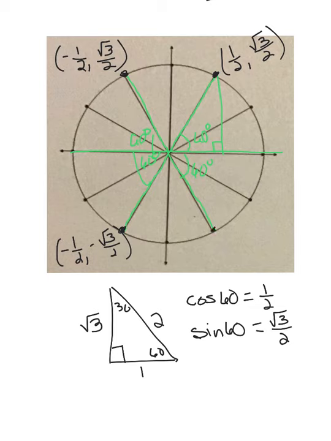And then in the fourth quadrant, the x is positive and the y is negative. What a lot of students use to help them remember which one's which is that the 30-degree angles are the lines closest to the x, and the 60-degree angles are the lines closest to the y.